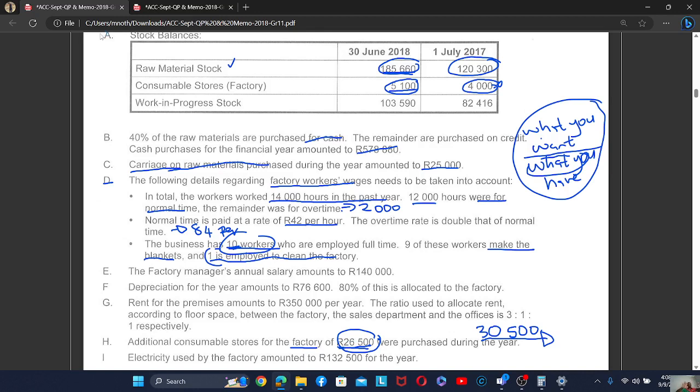It's there in the factory, 30,500. So actually, at the end of the year, we are supposed to have this indirect material of 30,500.